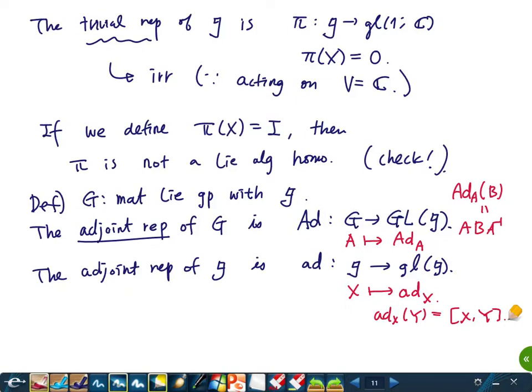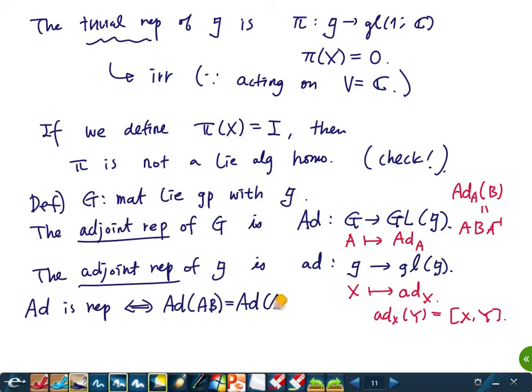We only call them adjoint maps, but they are really representations, so we now call them the adjoint representation. So, okay, Ad is a representation. This means a representation of groups, of course. This means Ad_AB equals Ad_A times Ad_B, but we have checked this already.